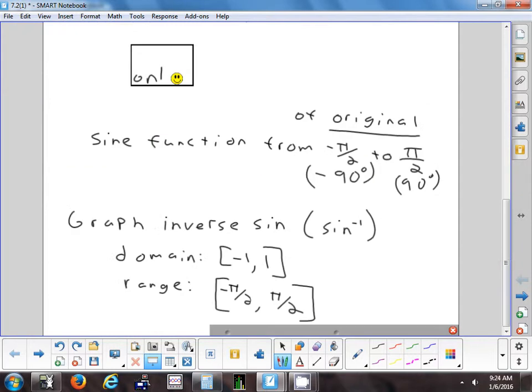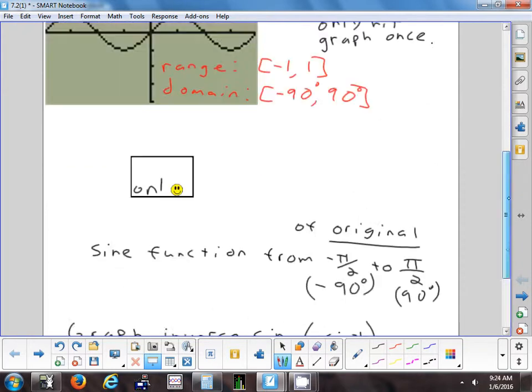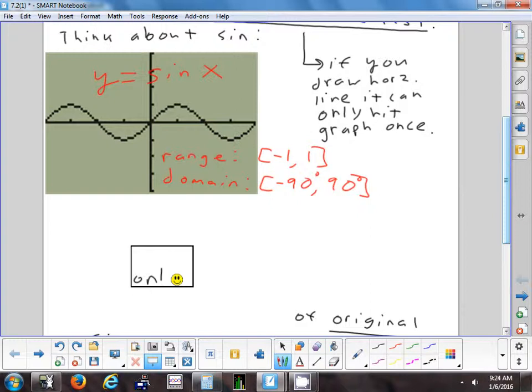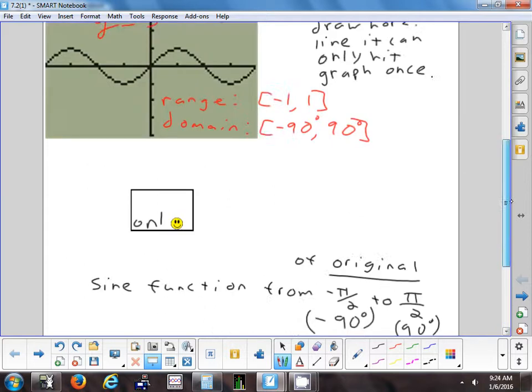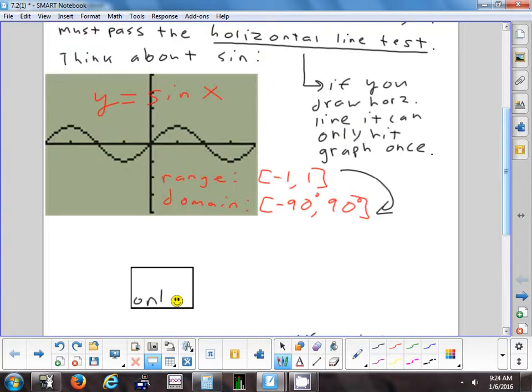Now that becomes the domain. Originally, my domain was negative 90 to 90. Now that's going to become the range. So these two things just switch places. Oh, I wrote it wrong on the top. Yeah, in the inverse, they just switch places. Negative 1 to 1 becomes the domain. Negative 90 to 90 becomes the range. Does that make sense? Yep. Okay.